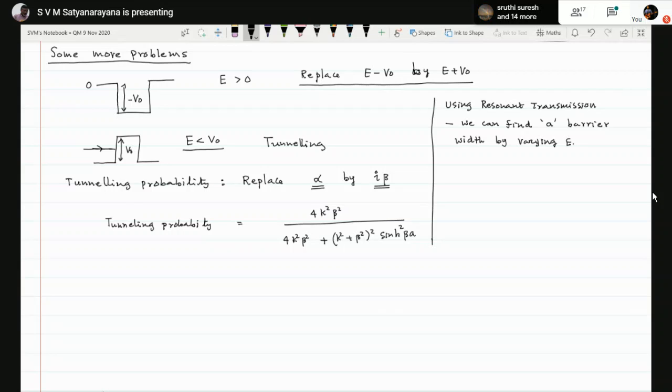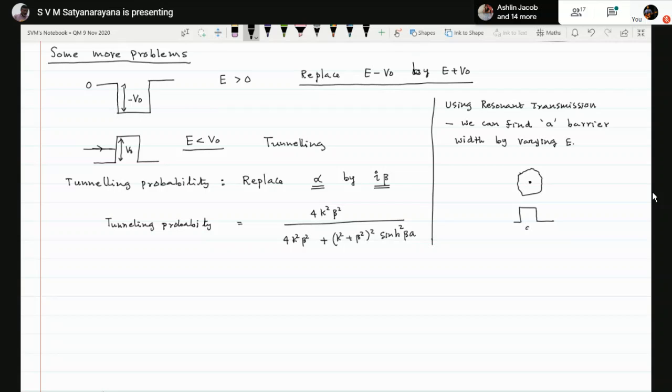Let's say there is some kind of a system here. Let's say there is a particle, and this particle may have some range of interaction. If you want to model it, you must model this range of interaction to be something like a barrier.